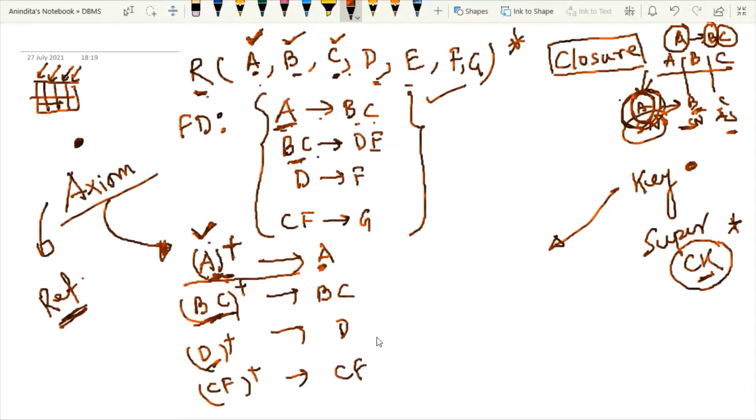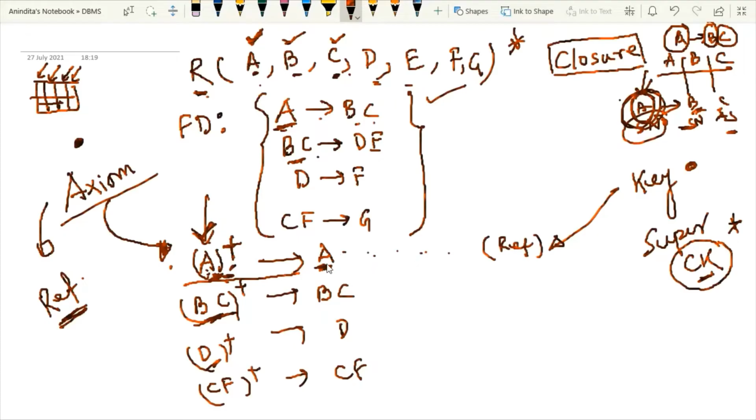Done. Now, finding closure means you have to find out from this attribute how many attributes I can reach. If I know this attribute, how many attributes can I search? Now start from the first point. A to A, it is according to reflexivity. Now, the next part, how you can search.